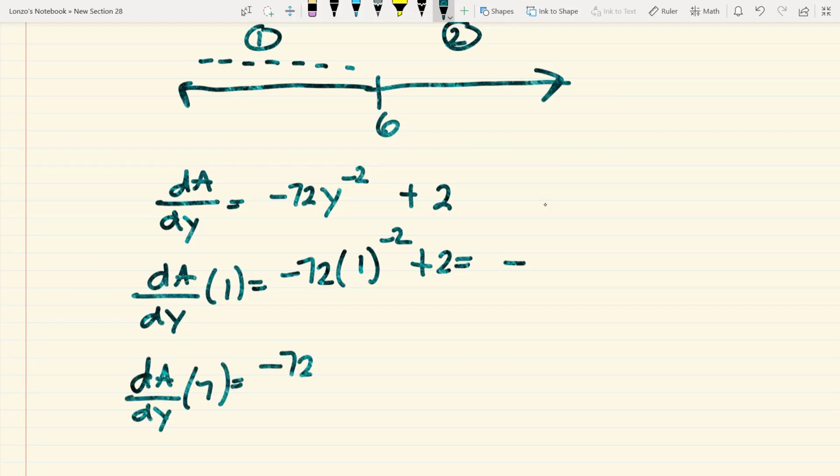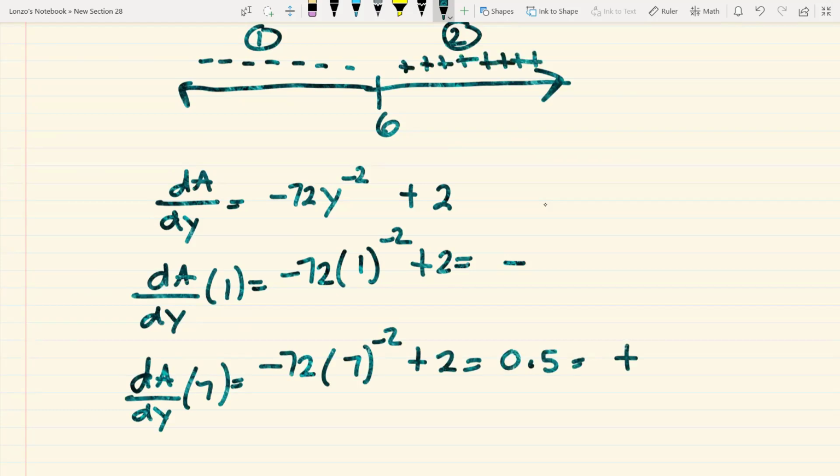That's negative 72 times 7 to the negative 2, plus 2. If you put that in the calculator, you get 0.5, which is a positive. So according to your sign chart, if you go from a minus to a positive, you do have a local min. So this verifies 6 will give you a minimum.